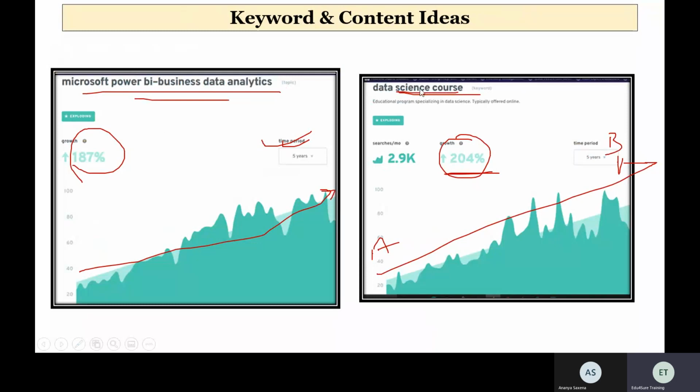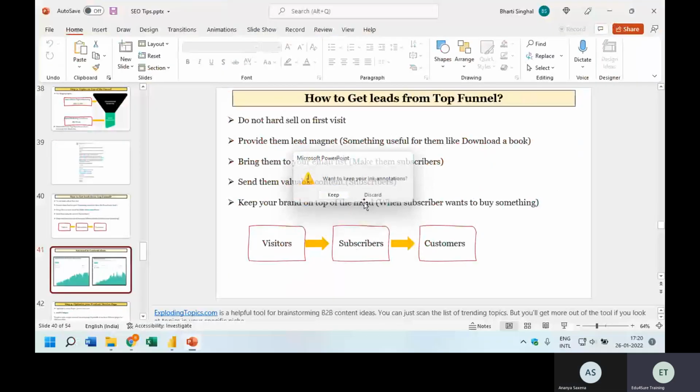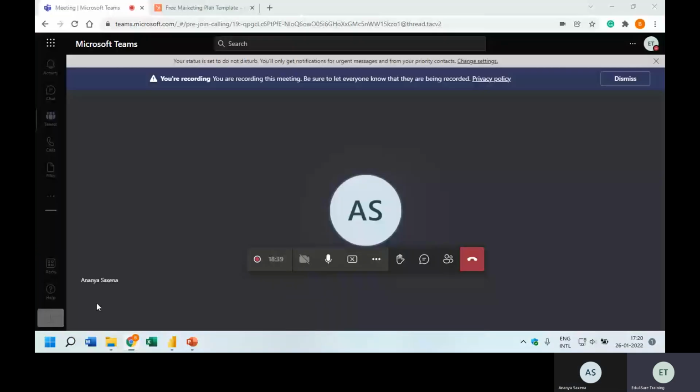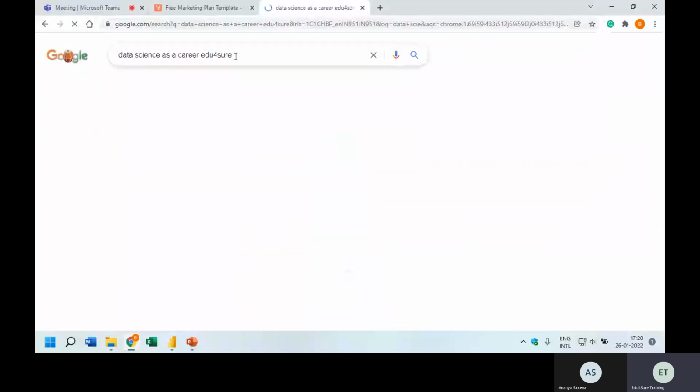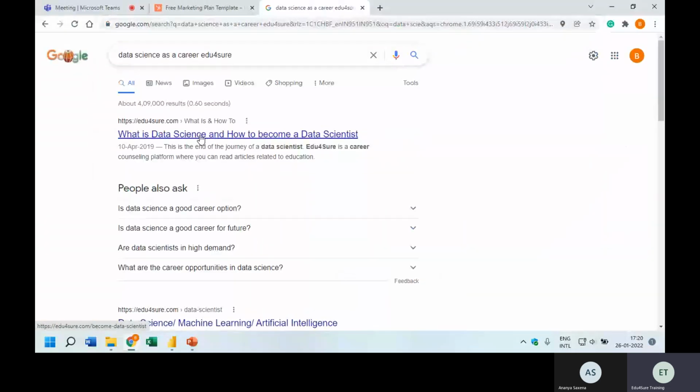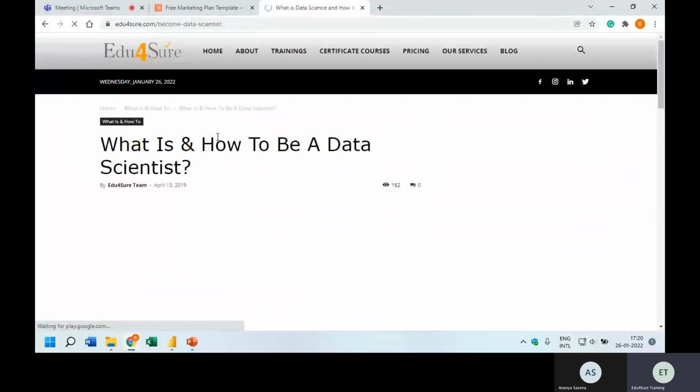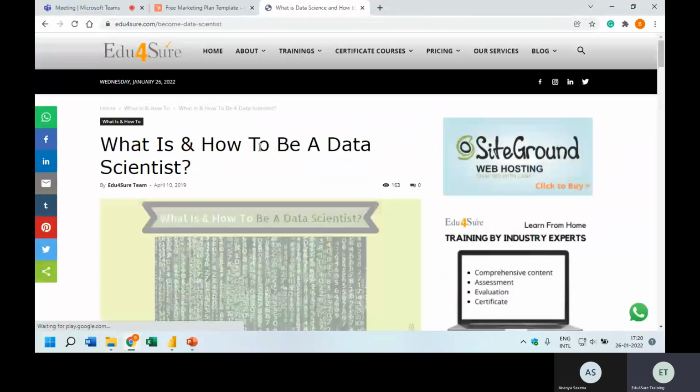So suppose I got this idea, data science course. What I will do, I'm just showing you an example of what we did, let us say data science as a career. We wrote an article. This is some old article, but the point is we started writing content around it.